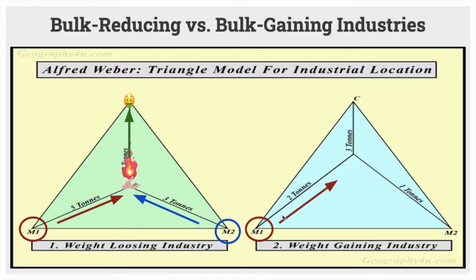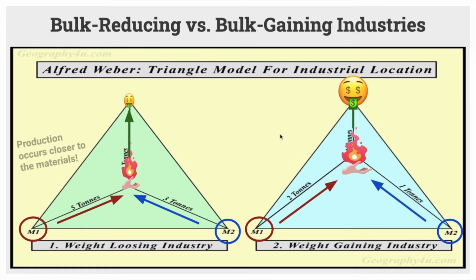On the other hand, if the materials actually weigh less than the final product, in the diagram on the right, we have one resource that weighs 2 tons, another one that weighs only 1 ton, but when produced they weigh 3, then we would be willing to transport the raw materials a greater distance, and then once they gain their bulk, we only have to bring them a very short ways to the market to make that money.